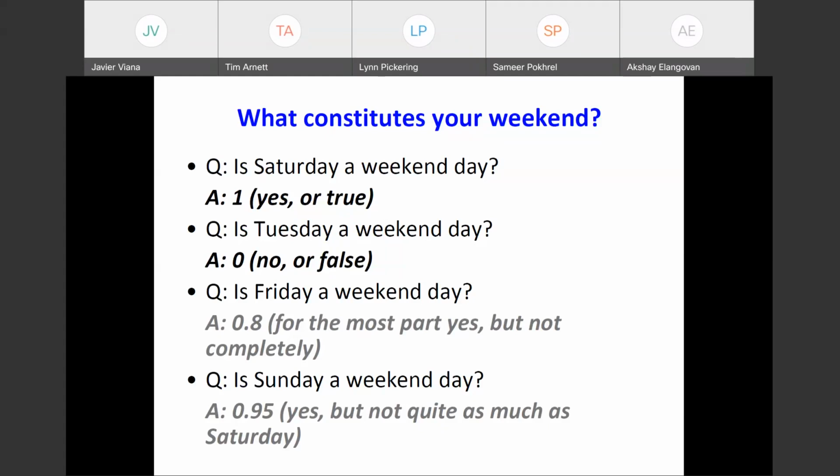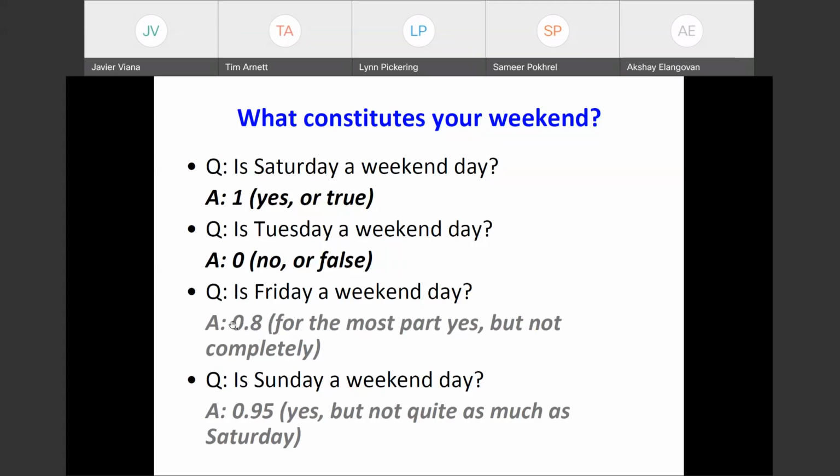But then what do you say about Friday? Is Friday a weekend day? Some people might say yes, completely. Somebody would say no, it still counts as a weekday, not a weekend day. But really, it's somewhere in between because it has aspects of both being part of the work week and being part of the weekend. So it doesn't capture all the information just to call it yes or no for one or the other.